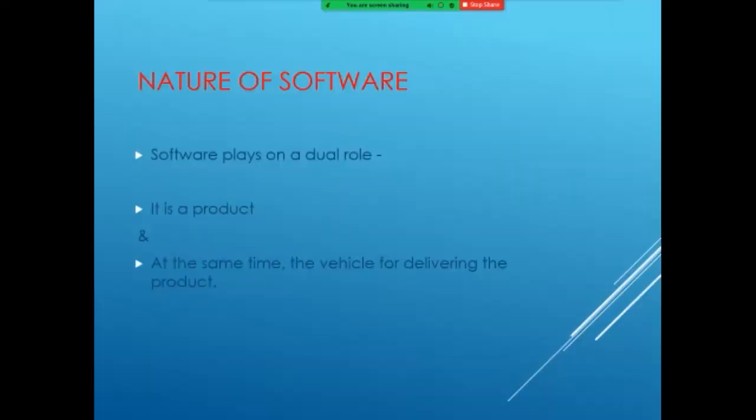Hello friends, that's the nature of software. Friends, software plays a dual role, that is, it is a product and at the same time the vehicle for delivering the product.